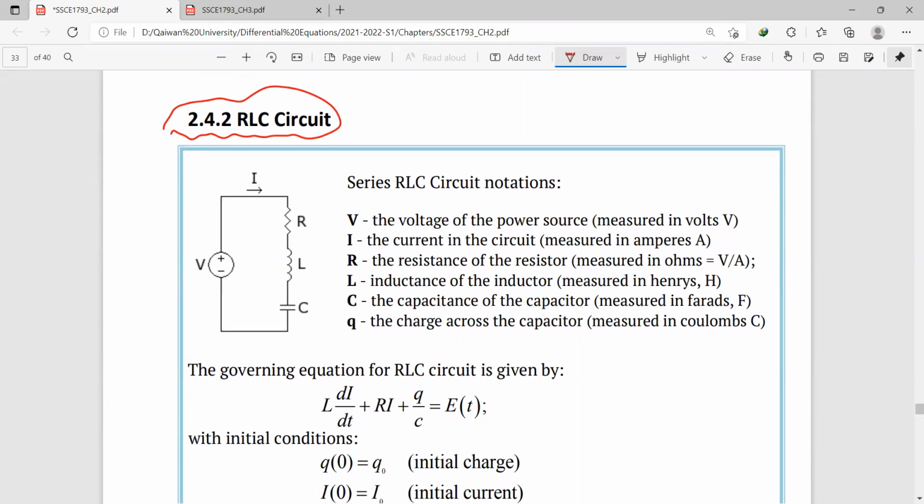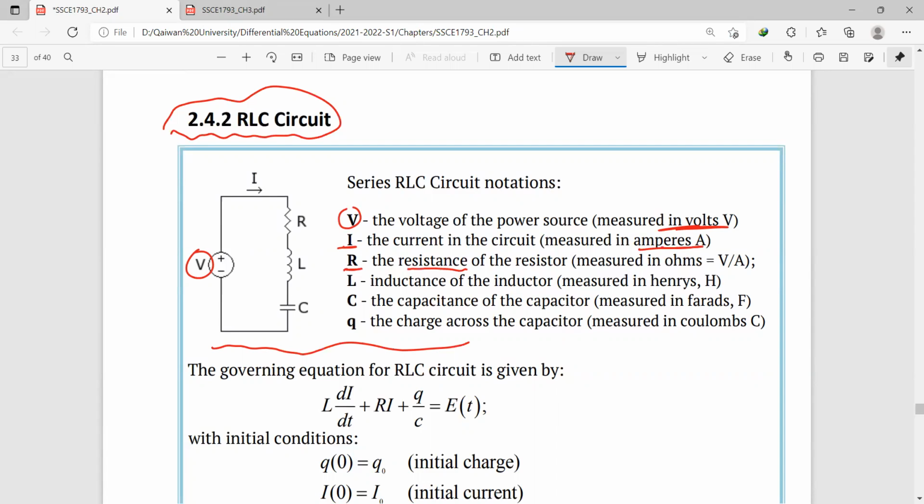Here we say if you have an RLC circuit, V is the voltage, measured in volts. I is the current, measured in amperes.